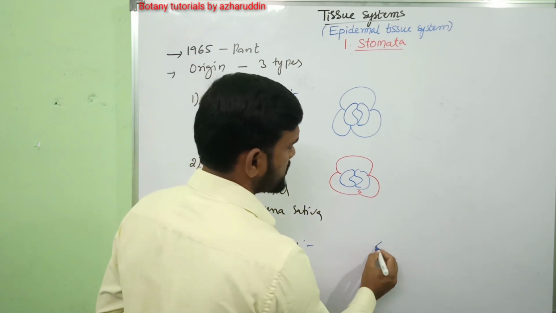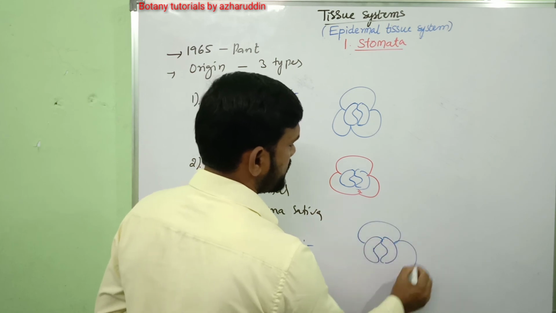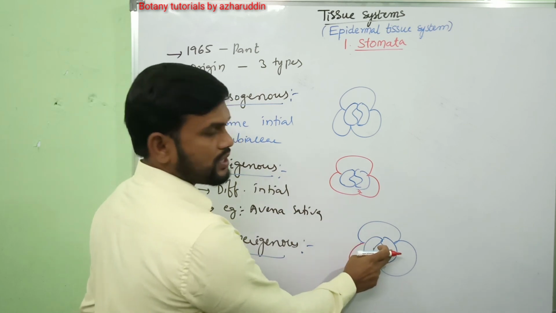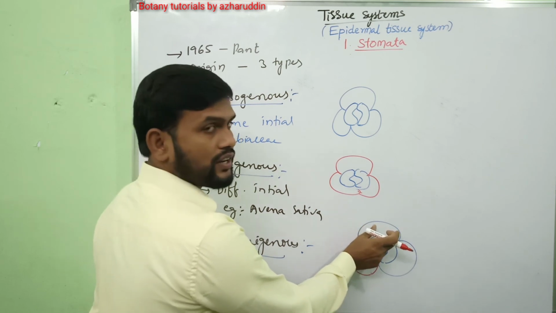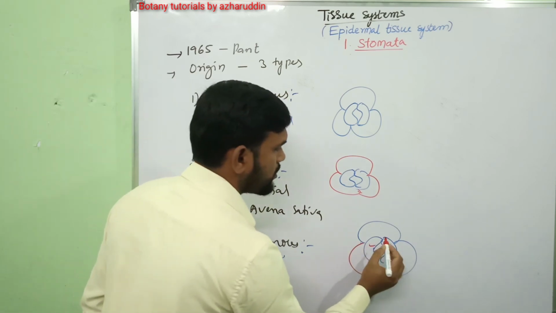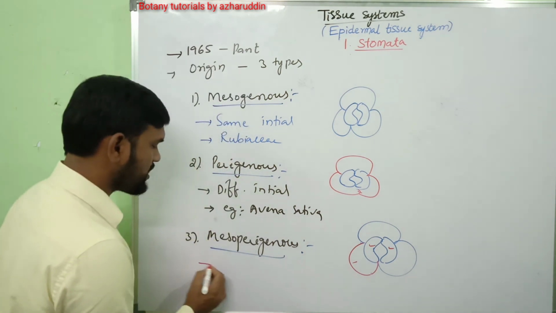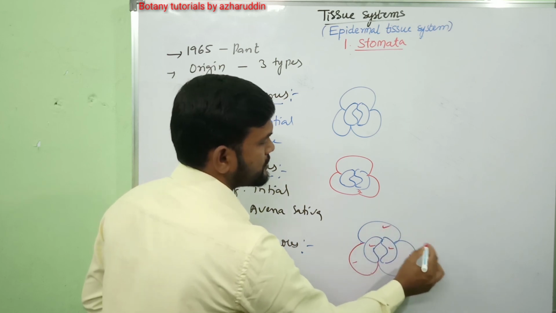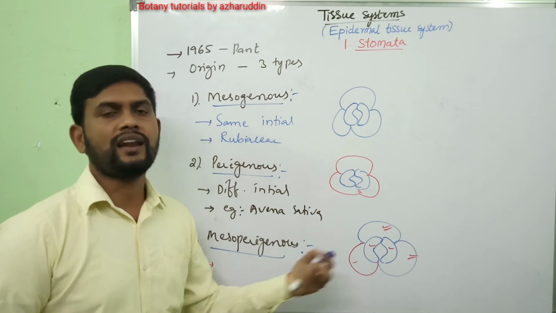Coming to third one, mesoperigenous type. In the stomatal complex, there are guard cells, and guard cells are surrounded with subsidiary cells, in which two guard cells and at least one of the subsidiary cells are originating from the same mother cell. This guard cell and this guard cell, and one of the subsidiary cells are originating from the same mother cell, and the remaining subsidiary cells, this one and this one, are originating from another meristematic cell or another mother cell.